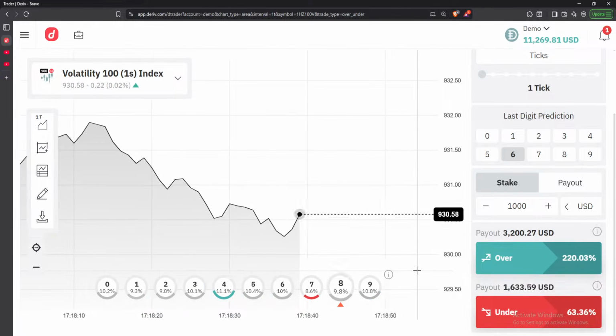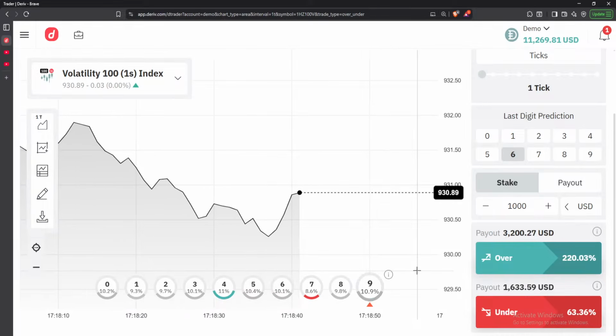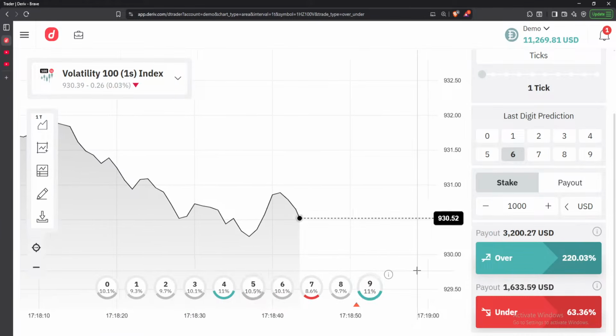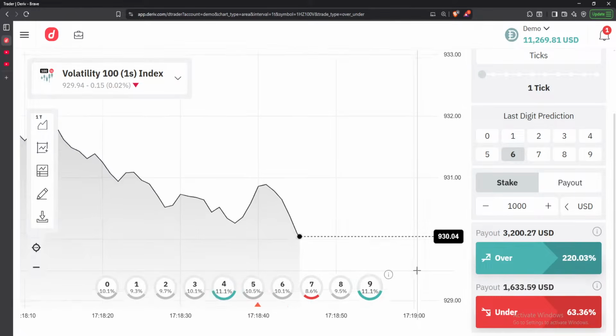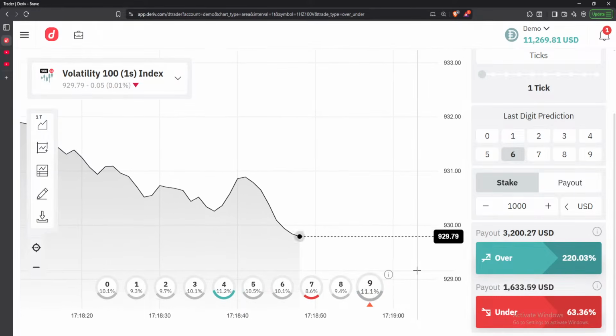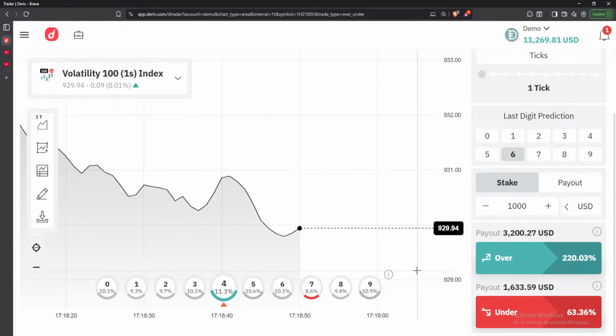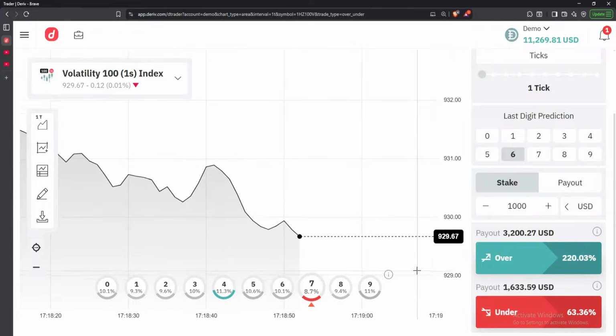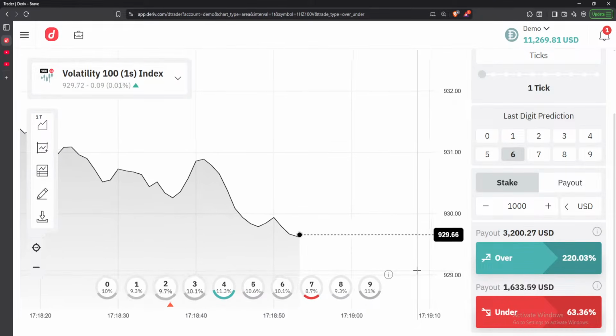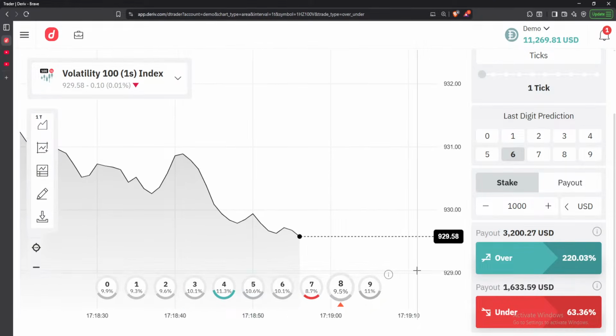So if you see 2 green circles on 7 and 9 and think this is a very strong over 3, no, it is not. A market should only have 1 green circle and 1 red circle, and that is it. Not 2, not 3, only 1. I hope that is clear for everyone.